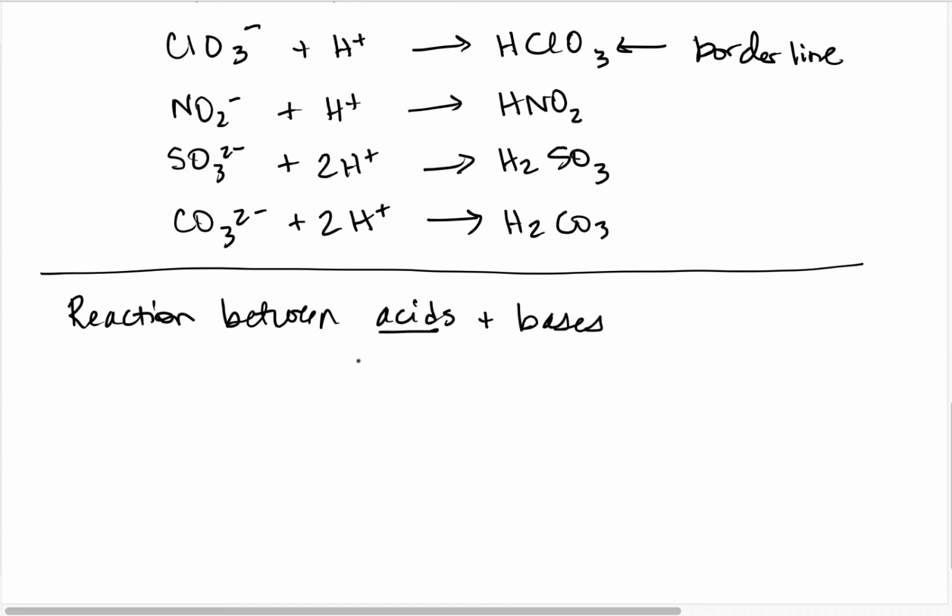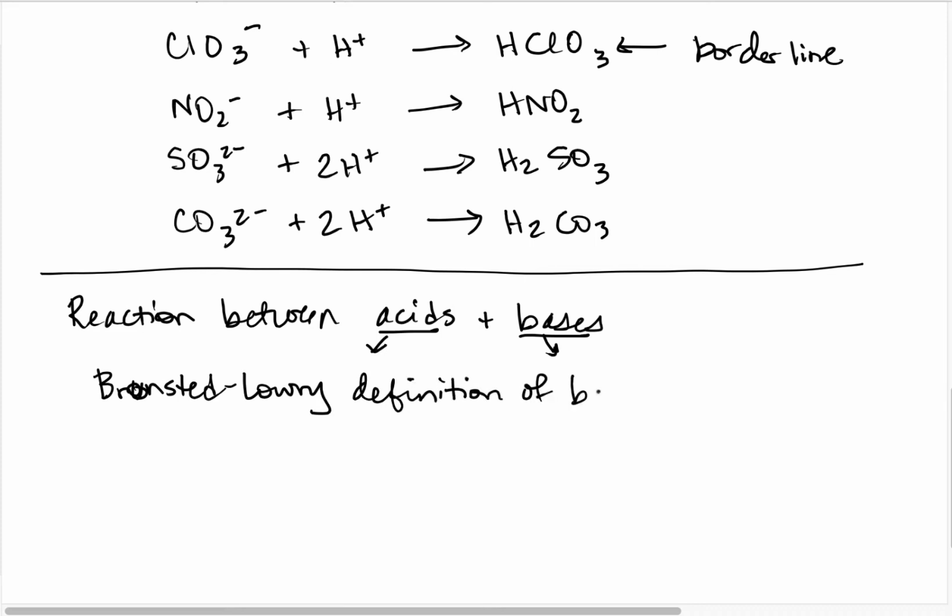And we already saw what the Bronsted-Lowry definition of the acid was. The Bronsted-Lowry definition of a base: well, the acid was donating the H plus. The base is accepting the H plus. And just like we have strong acids and weak acids, we have strong bases and weak bases.